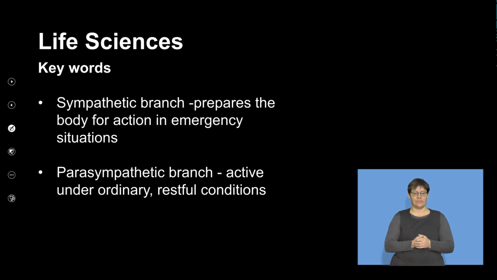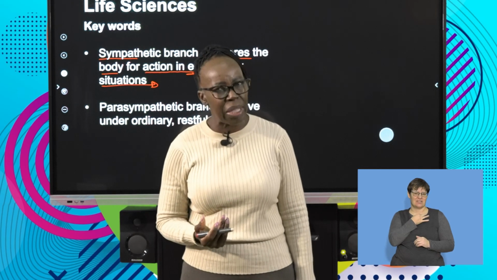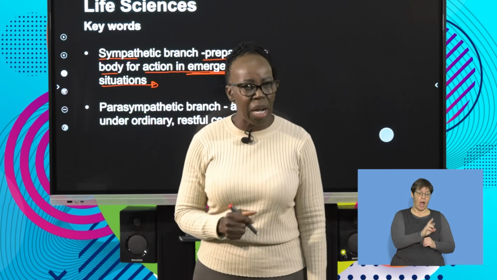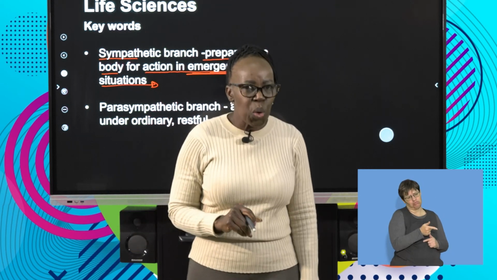So, what is the sympathetic branch? This sympathetic branch of the nerves is the one that prepares the body for what? For action in emergency situations. Emergency. Then what comes in is the sympathetic. Sympathetic, if you remember in English, when it's sympathy, then you will remember. If you've got sympathy, you feel for somebody, or for something.